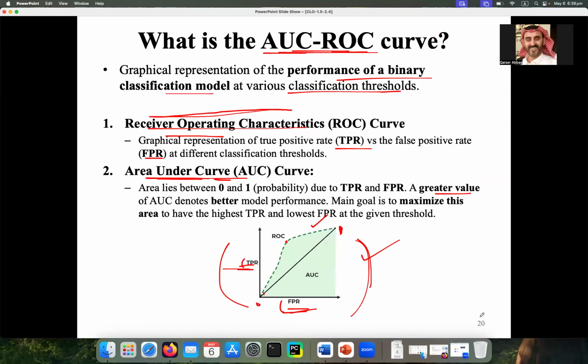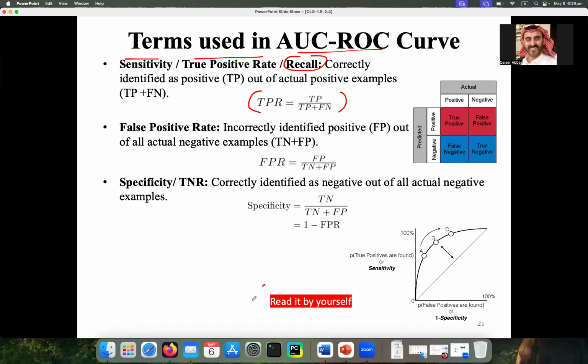Read it by yourself. This is the equation for FPR, and this is the equation for specificity. We will use these equations.